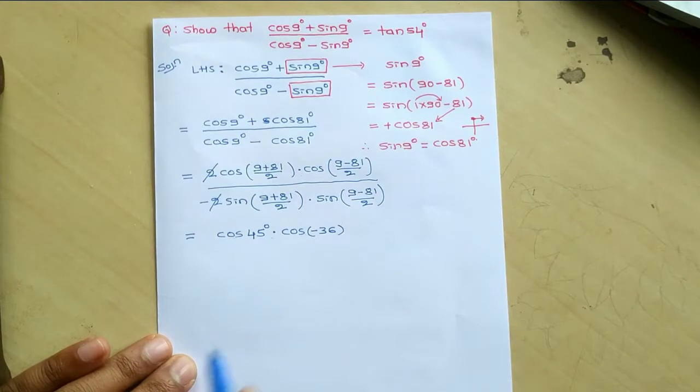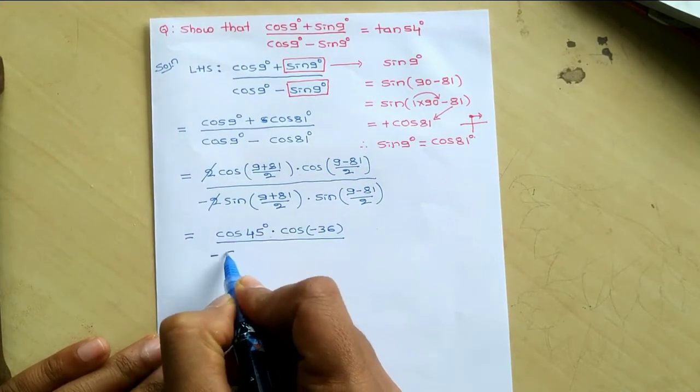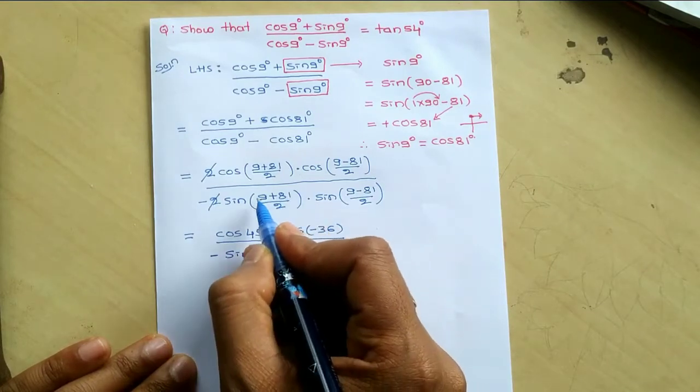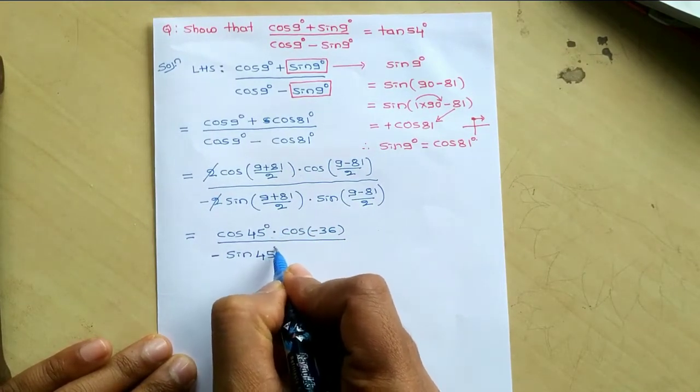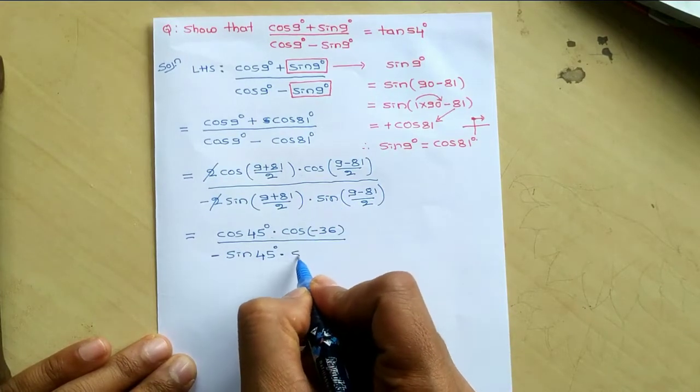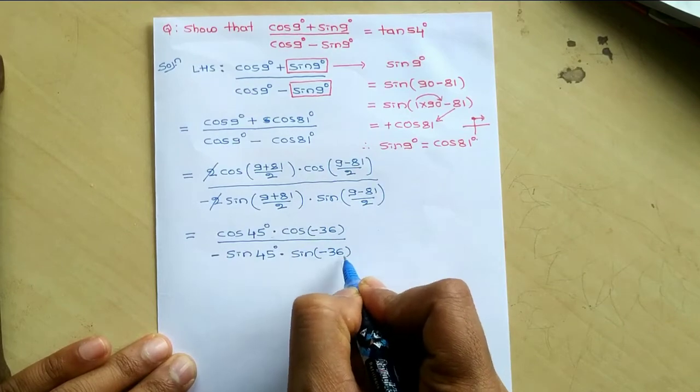Minus 36. Correct. So divided by, again here minus sine, again 81 plus 9 divided by 2 means 45 degree into here sine of, again same, minus 36.